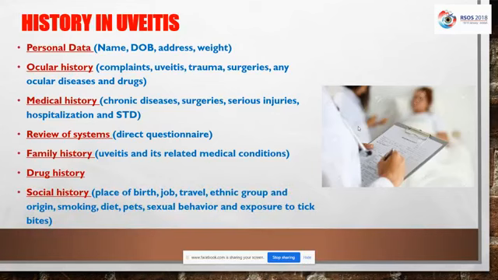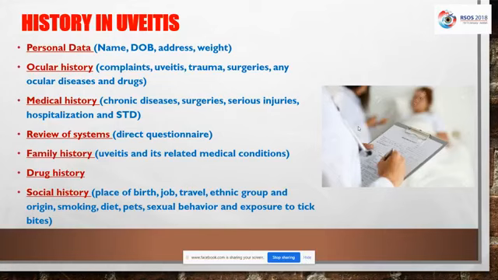And lastly, the social history: the place of birth of those patients, with the prevalent causes of uveitis according to the place of birth, the job and the exposure, and the visual impact of uveitis on the patient according to his or her visual needs with the job. Did they travel to specific areas that have an epidemic or a pandemic of some infection that can be one of the causes of uveitis?